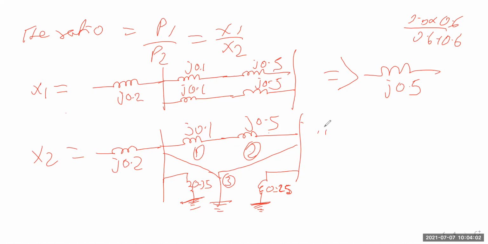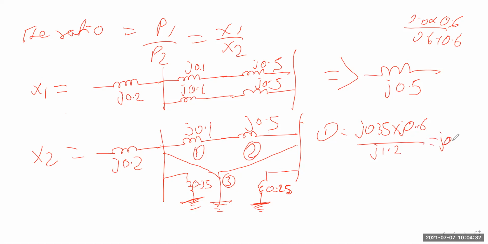One value would be your J 0.35 into 0.6 by J 1.2.